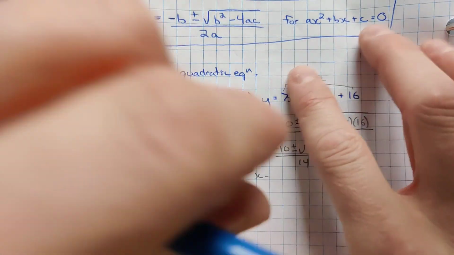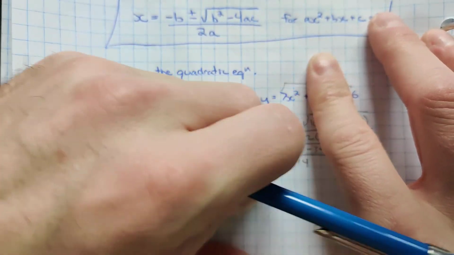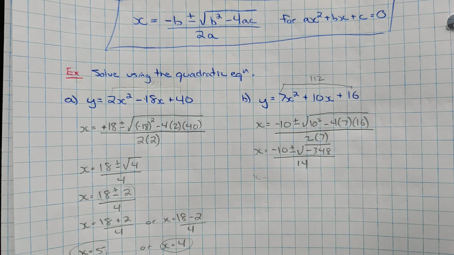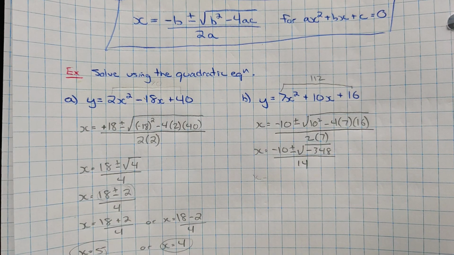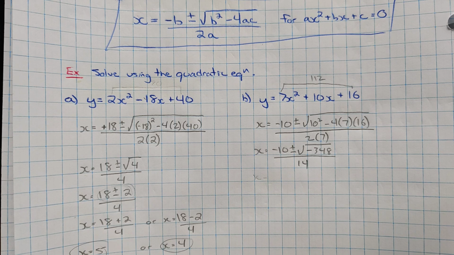And actually, I'm going to stop here because if I try and do the square root of 348, I'm going to get an issue.